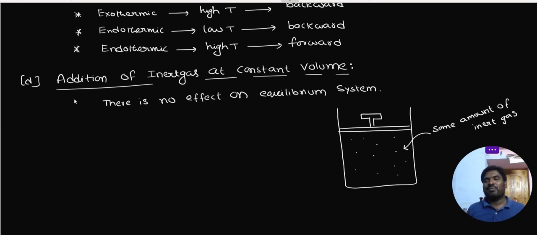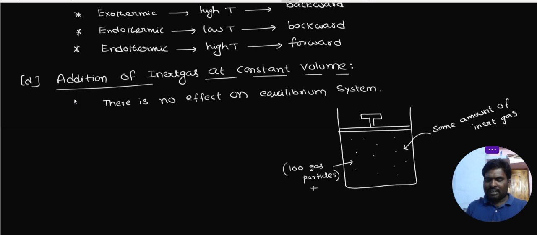So if you add some amount of inert gas, for example, before adding, in the equilibrium system suppose 100 gaseous particles are there.